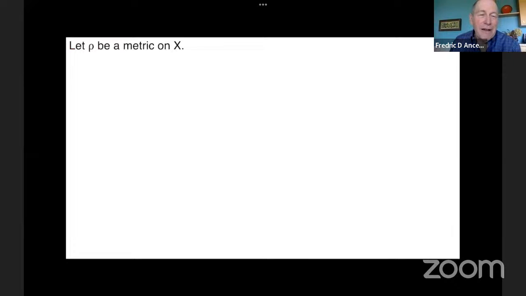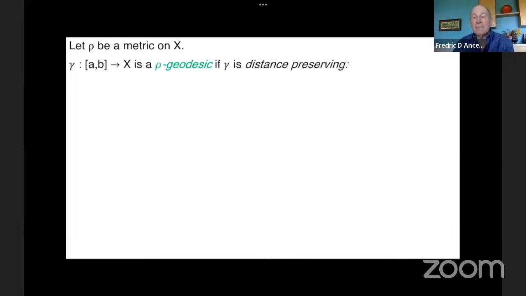So now, oh yeah, the inspiration for this work came from a question that was asked to me by my colleague, Craig Guilbault. So let me try to explain what that is. It's a question I still don't know how to answer, but it needs the notion of a geodesic. So suppose you have a metric on a space, then a geodesic is simply a distance preserving path.